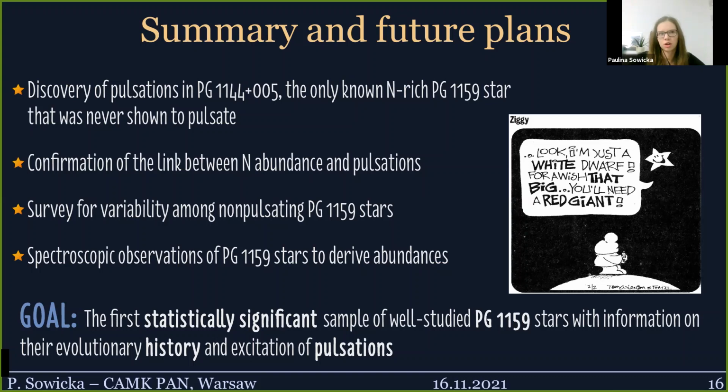Even in the nitrogen-rich ones, this is a really low nitrogen abundance of like 2%. I don't do the model calculations, but I think that it doesn't have any influence.